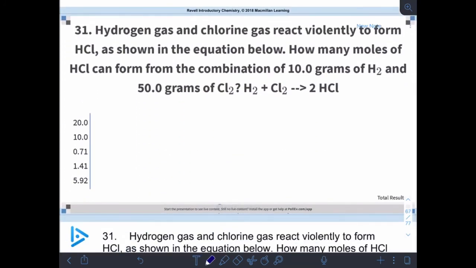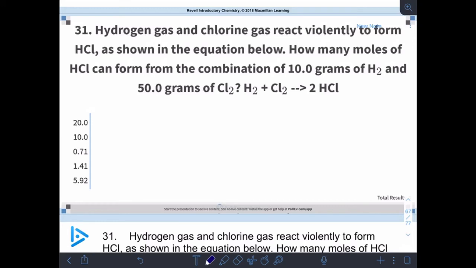So again, give the video a pause, come back and see how you did. Okay, so let's take a look. So hydrogen gas and chlorine gas react violently to form hydrochloric acid, as shown in the equation below.